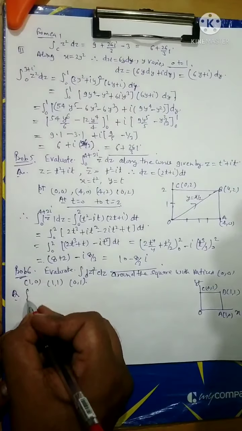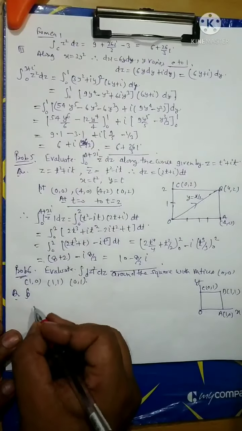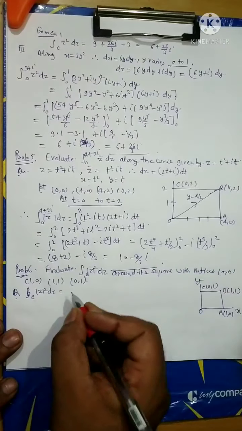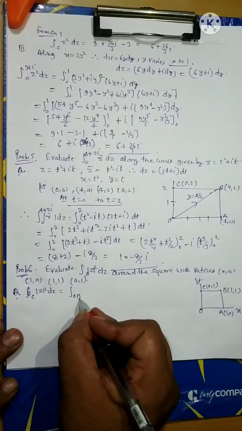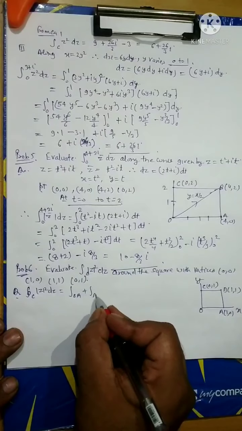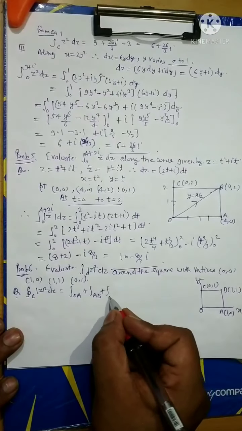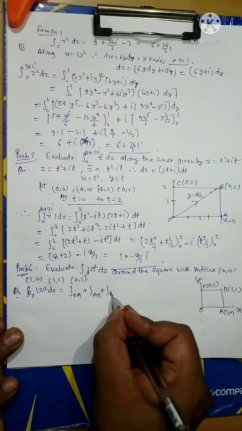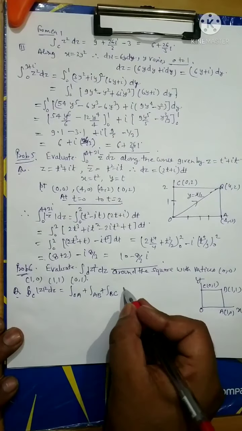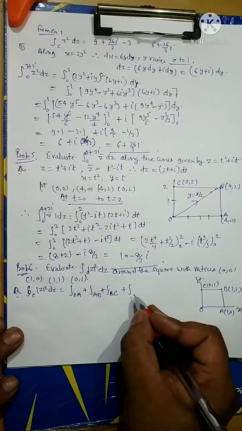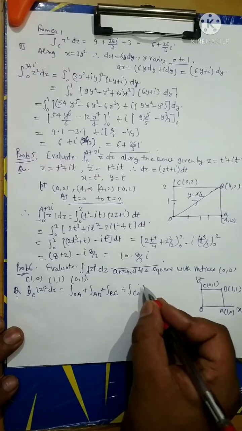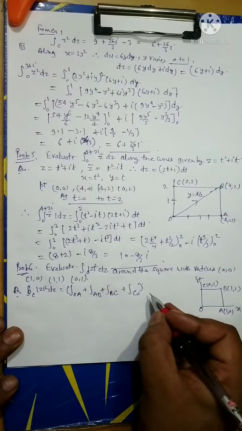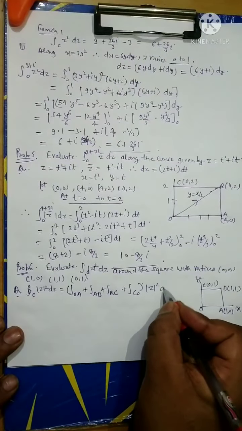Therefore, we can express integration over C z modulus square dz. This is equal to integral over OA plus integral over AB plus integral over BC plus integral over CO, z modulus square dz.